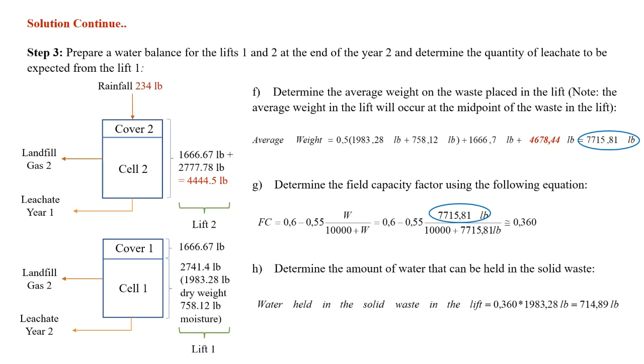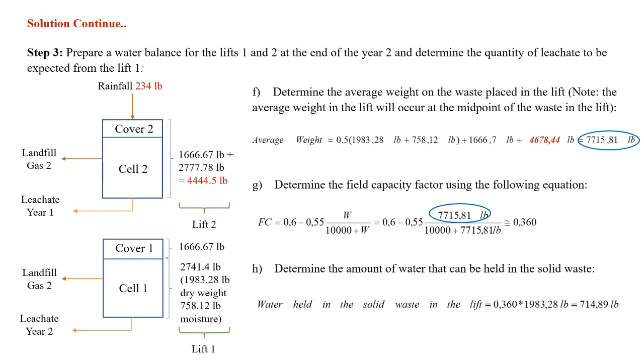As I said before, lift 2 is above lift 1, and therefore the pressure is applied to lift 1 because of cover 1 and lift 2 at the end of the second year. Finally, we can calculate the average weight of waste as 7,715.8 pounds. By using this value, we can estimate the field capacity as 0.36.